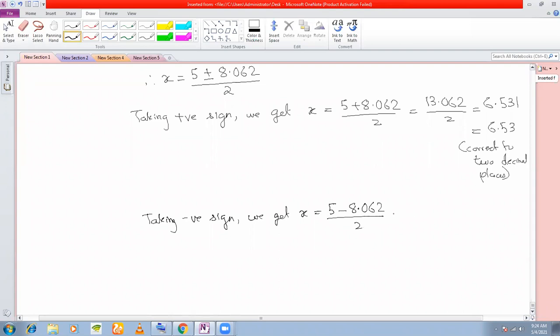You'll get minus 3.062 divided by 2, which you are going to get minus 1.531, which is equal to minus 1.53 correct to 2 decimal places.